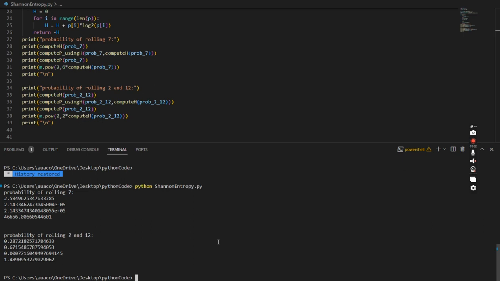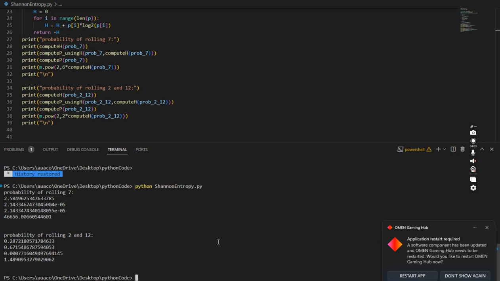Rolling a 7, we computed the H, and it is this number, 2.58, very high in H. The next number is the probability of rolling a 7 using H, and it's pretty low. It's like 0.000, 4 zeros and then 214.